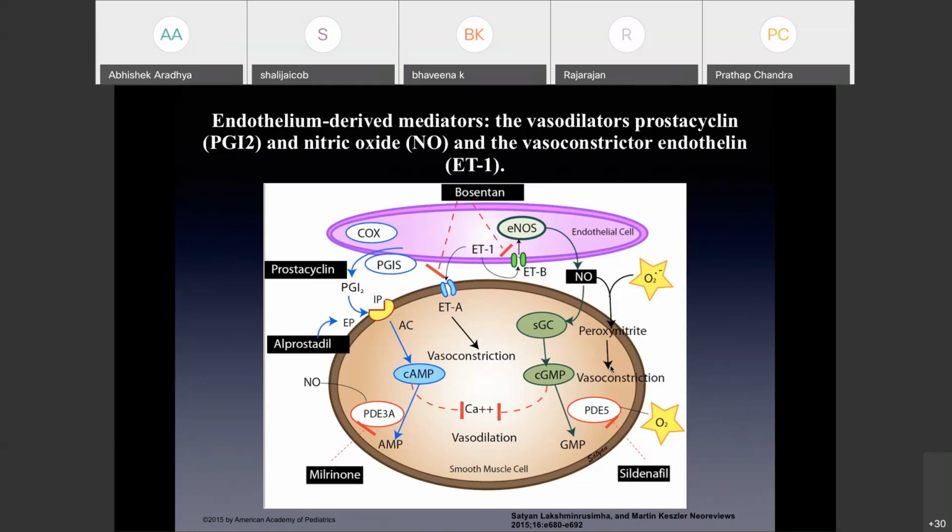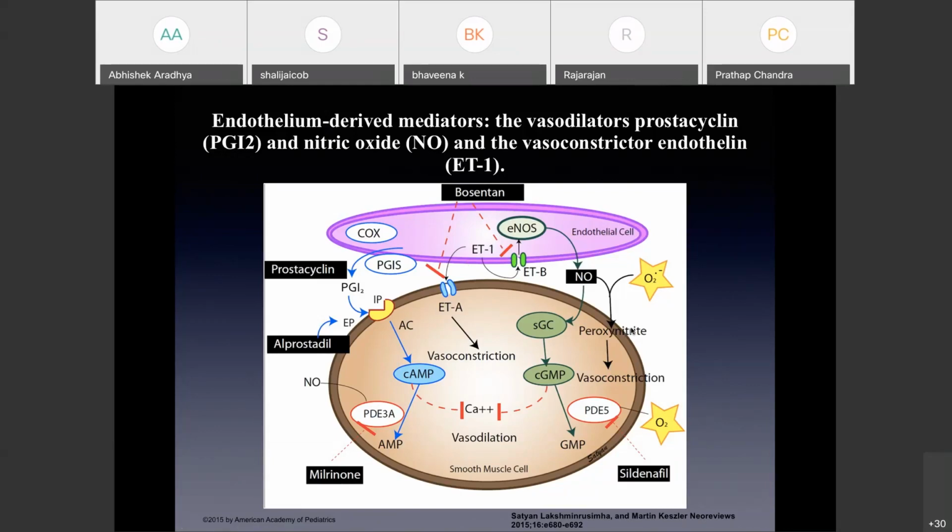There is also endogenous endothelin 1, which is secreted. It is one of the body's most potent vasoconstrictors. Peroxynitrate and endothelin 1 are counterproductive to your vasodilatory mechanism. That is how this slide becomes very important.